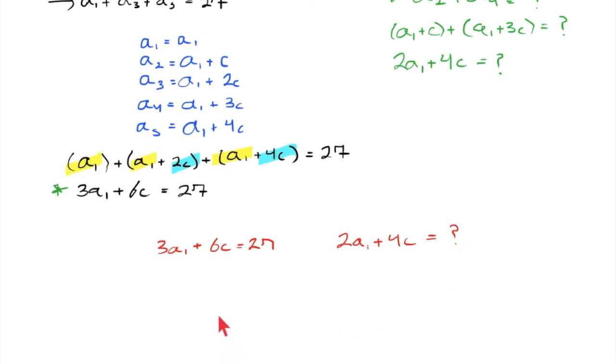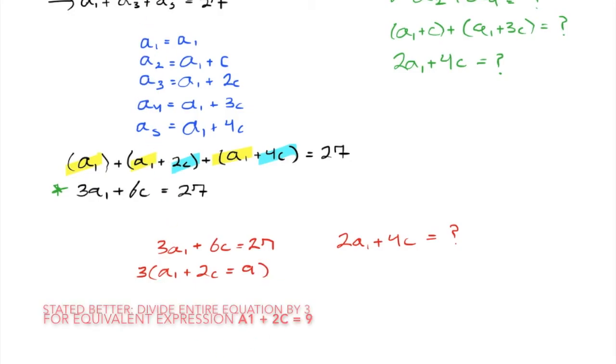At this point, you hope that these two are related somehow, that maybe one is a factor of the other. And if this is a fair test, GRE, GMAT, that sort of thing, this will be the case. There's no other way to do it. You could simplify this by factoring out a 3, and you'd have a1 plus 2c is equal to 9.